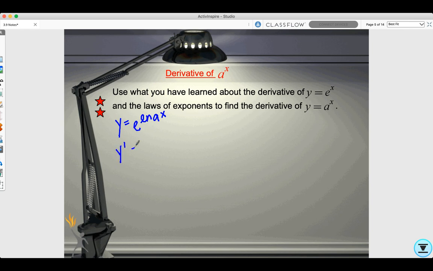So then when I find y prime, I would have e to the natural log of a to the x times the natural log of a. Therefore, my derivative is just a to the x times the natural log of a.